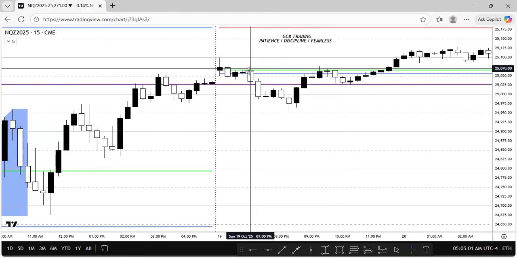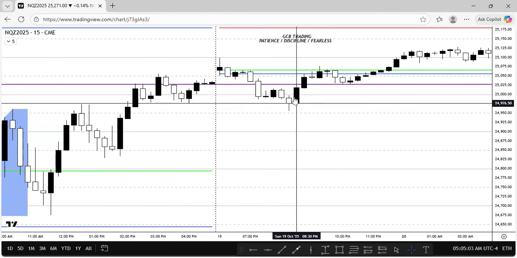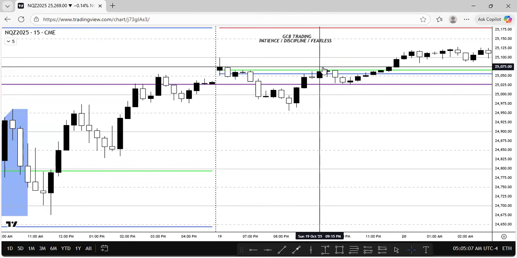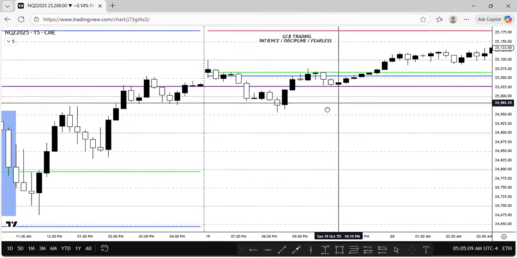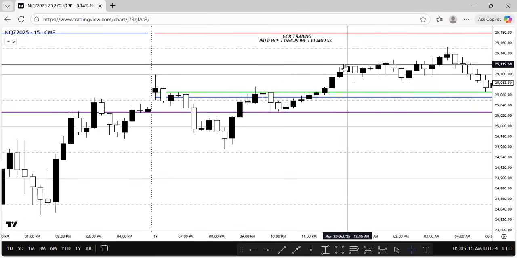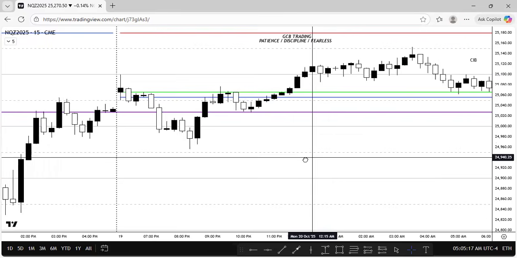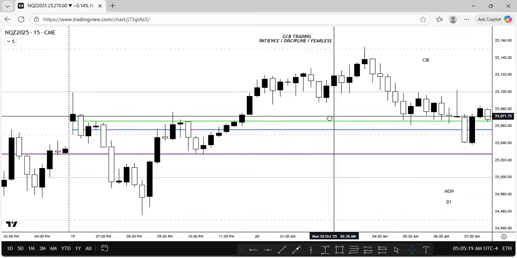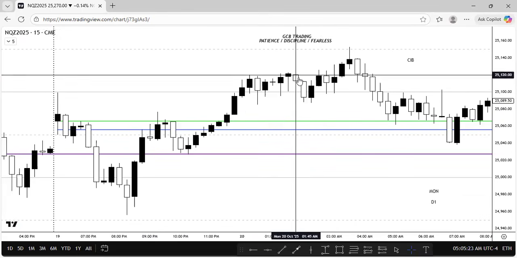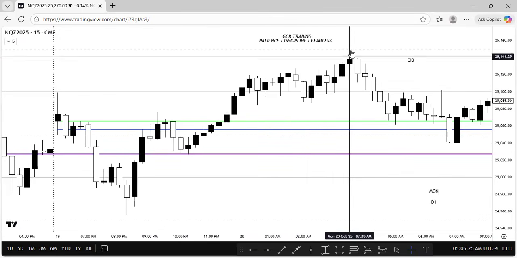During the Asian session, you can see it dumps back down, giving a little trap and shift, pulls back above our previous day's high, retests the monthly level here, then they break out once again during the gap time. And now, as you guys can see, the market is continuing to trend up, putting in higher highs and higher lows.